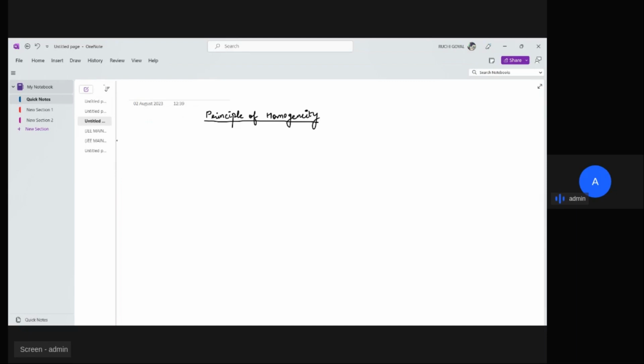Here, the dimensions of each term of an equation must be the same. Suppose an equation is given to us: some term plus this term minus this term is equal to 0. So the dimensions of each of these terms should be the same.